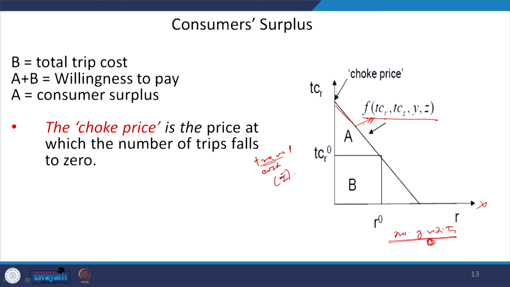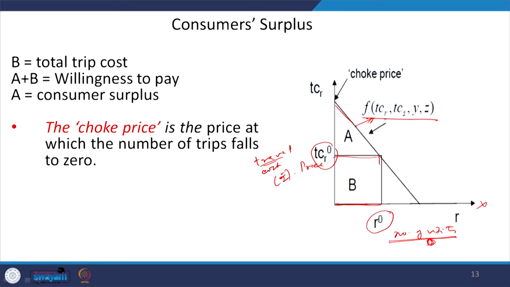Now, based on the very principles of microeconomics, what can we find? We can find that at R0 number of visits, the travel cost incurred is TCR0. So, TCR0 is the price for paying R0 number of visits to this particular site.